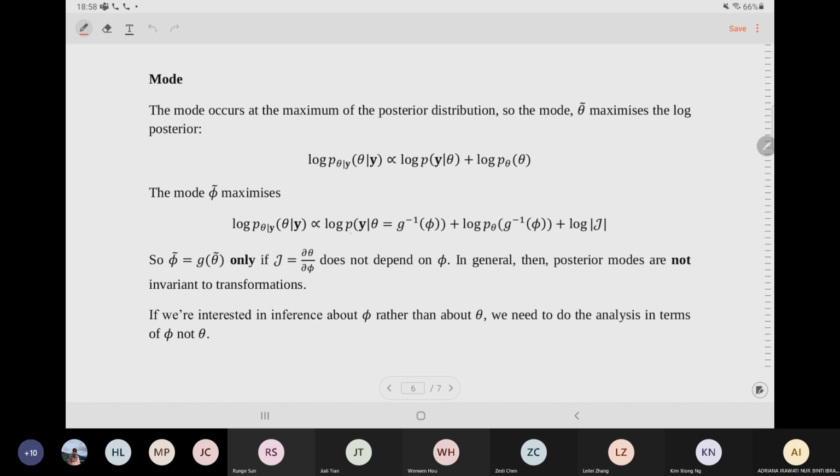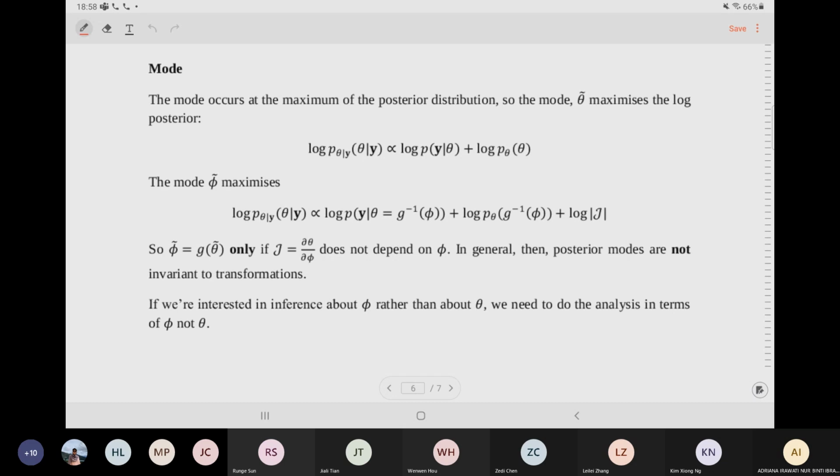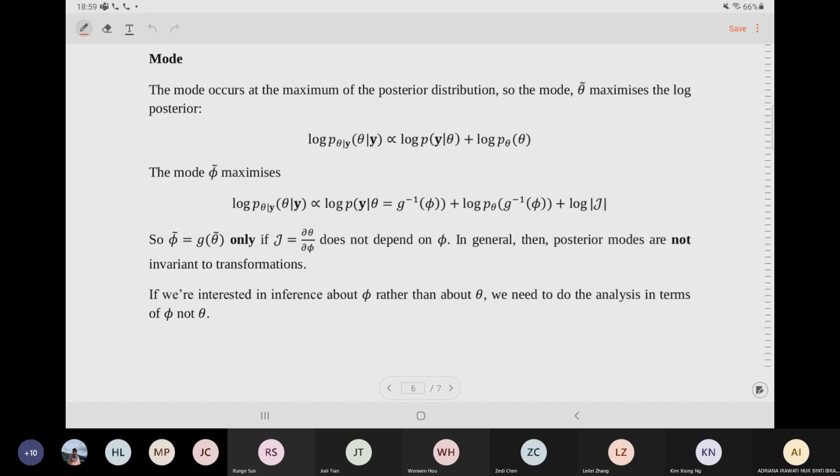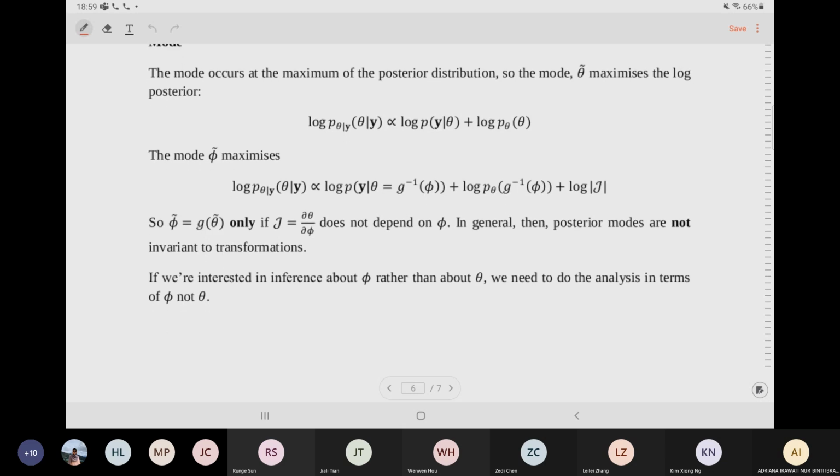Wait, is this a typo? Let me see. The log posterior.